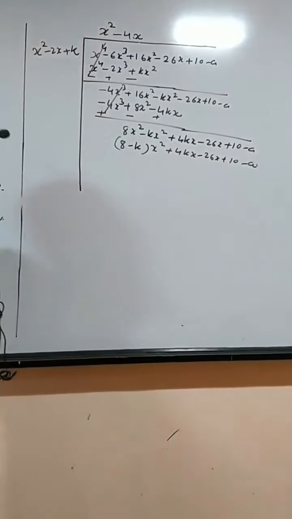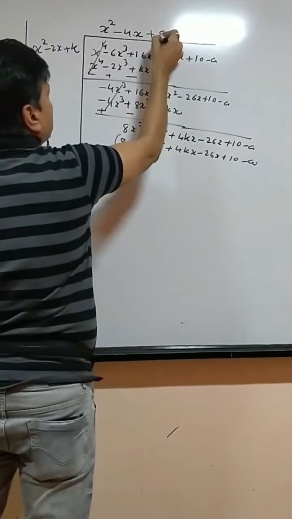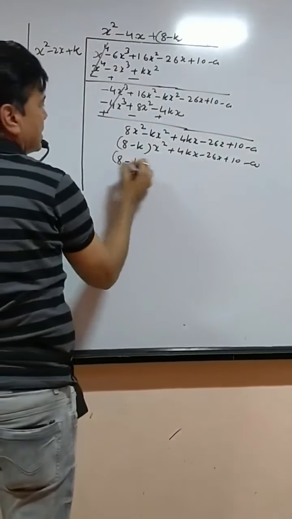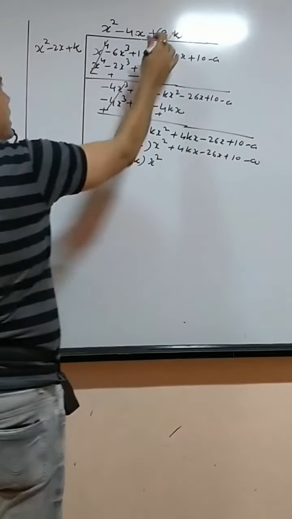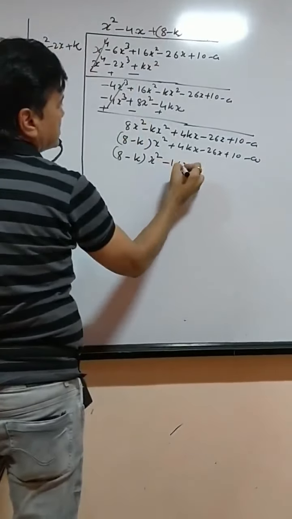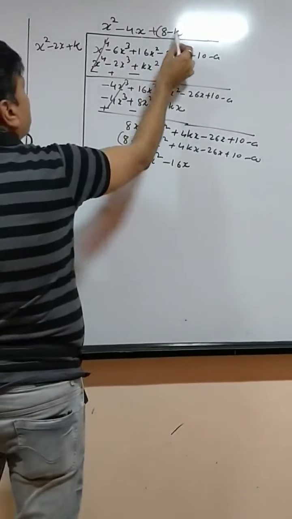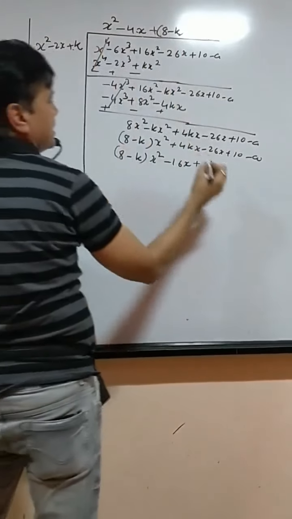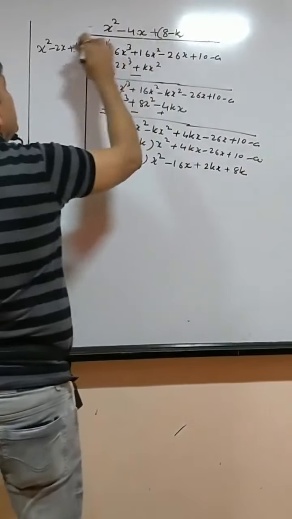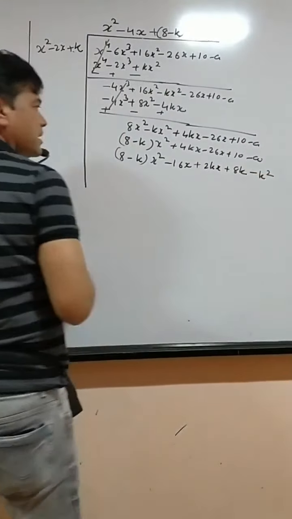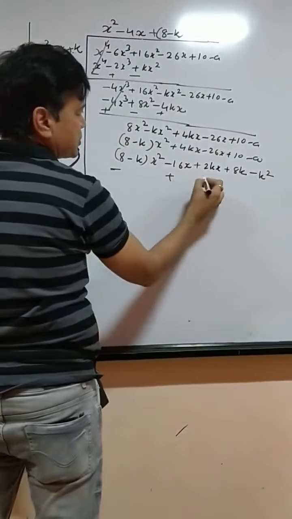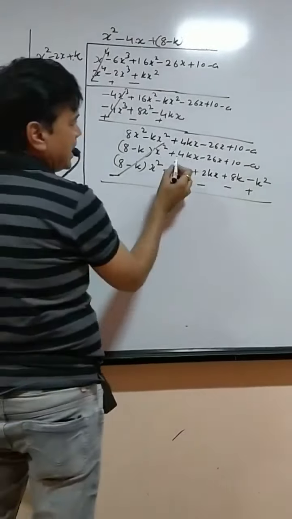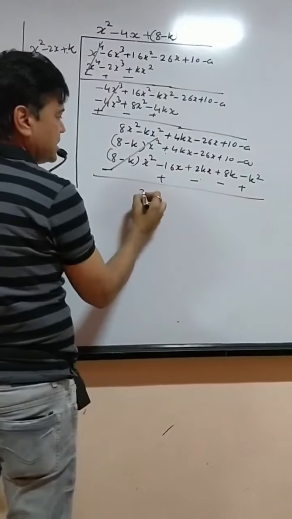You want 8 minus k times x^2, so multiply by 8 minus k into x^2. 8 into 2x is 16x, minus k into 2x plus 2kx. 8 into k, 8k, k into k. 4kx minus 2kx is 2kx.